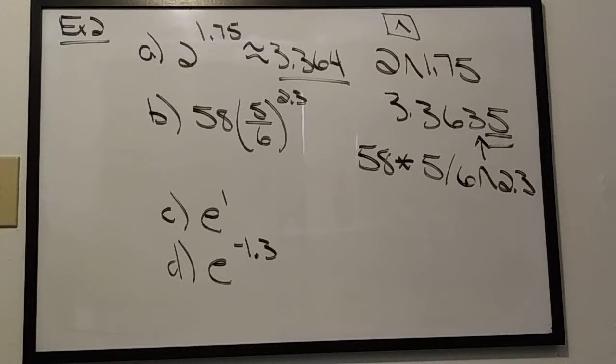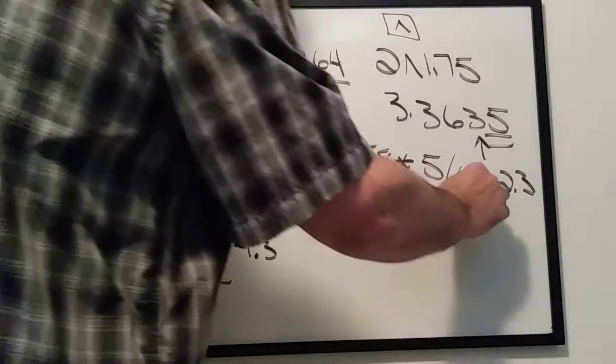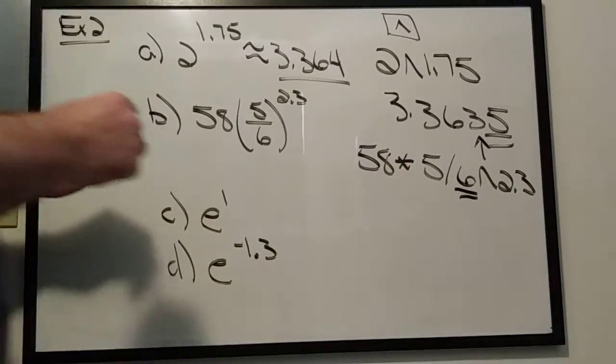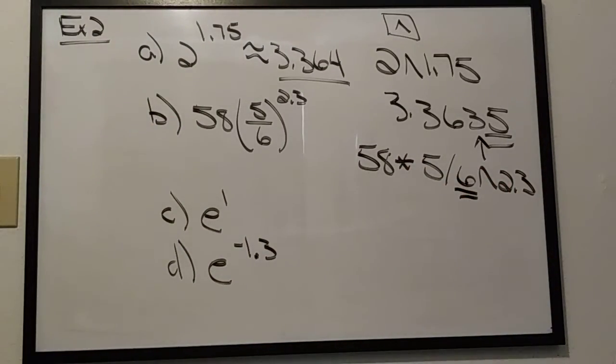So PEMDAS starts off with a P, which says you would start with anything in parentheses. We don't currently have anything in parentheses. And then it says you would come in and deal with the exponent. Well, in this case, the only item associated with that exponent of 2.3 is the number 6. So your calculator would come in, and the very first thing it would calculate is 6 to the power 2.3.